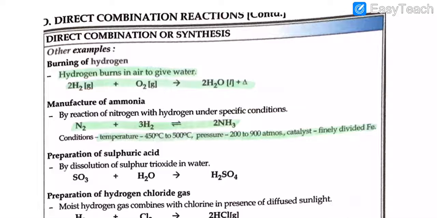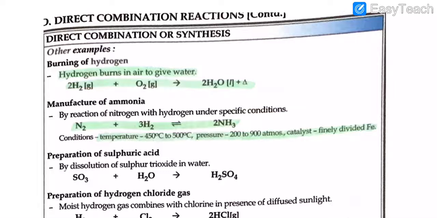Starting with the first one, hydrogen burns in air to give water. That's a very easy one. Then manufacturing of ammonia is by the reaction of nitrogen with hydrogen under specific conditions. You get 2NH3. Then preparation of sulfuric acid by the dissolution of sulfur trioxide in water.